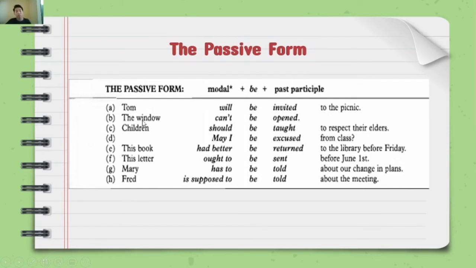Example B: The window can be opened. Example C: Children should be taught to respect their elders. And the point is the passive form is modal plus be plus past participle.